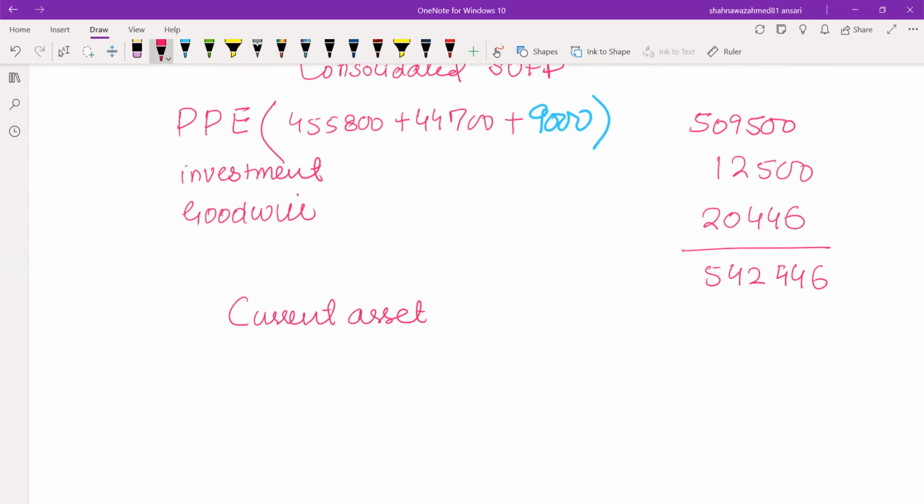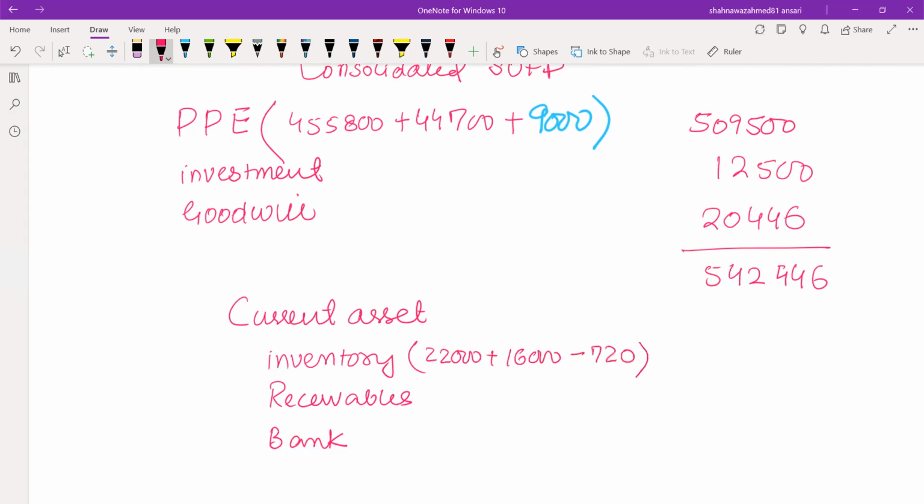Now then we have current assets. And in current assets, we have stock, we have receivables, and we have bank balance. Inventory given in the books of parent company and subsidiary company, take this 22,000 plus 16,000. We have a PURP adjustment, 37,280. Receivables in the parent company, 35,300. In the subsidiary company, it's 9,000.